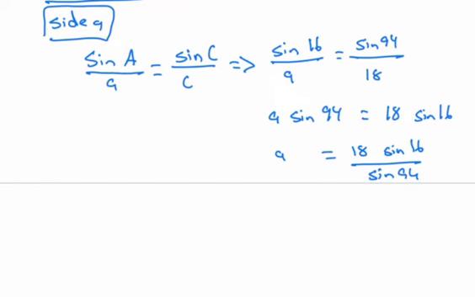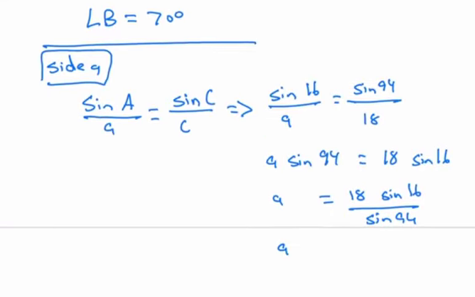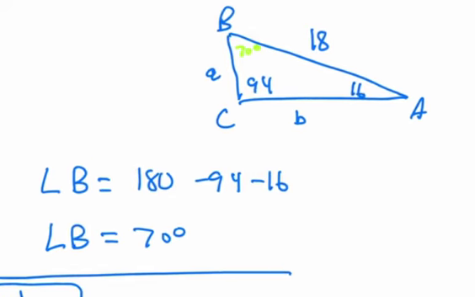You need to do that with the calculator. It comes to around 4.9, but I believe the directions say round to the tenths place, and that'll round up to exactly 5.0. So that's the way we're going to report it.